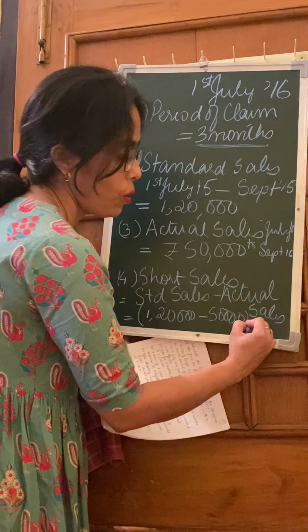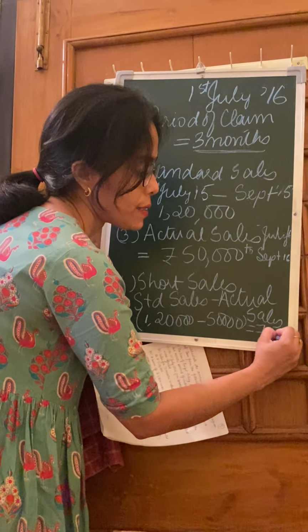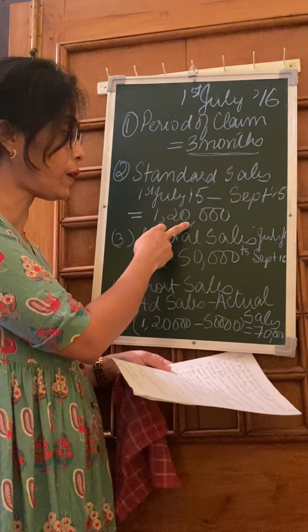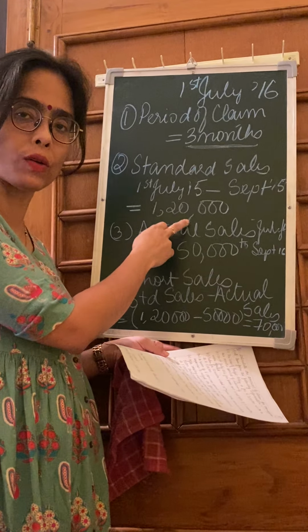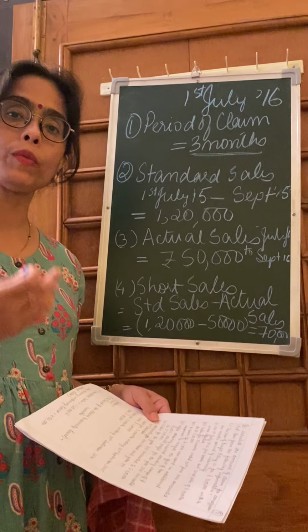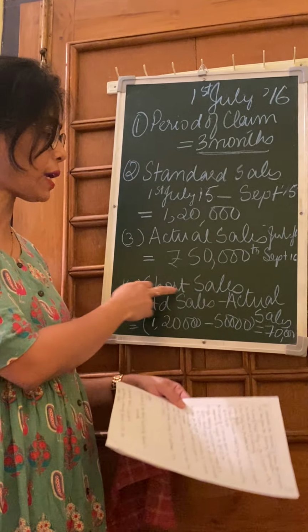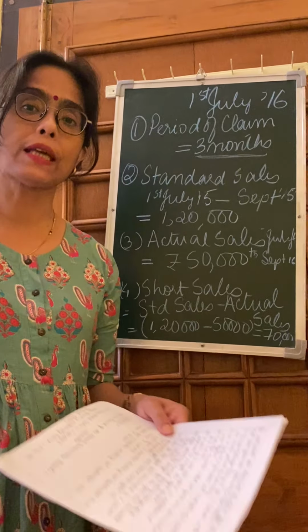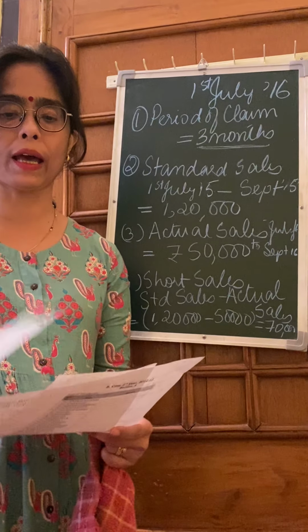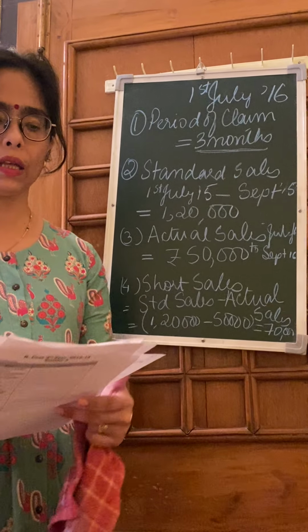Okay, so we are short by 70,000. Actually our normal amount of production should have been 1,20,000, but we could only sell 50,000. So our business is lagging behind, there is a short sale of rupees 70,000. Our business is running short at an amount of 70,000.